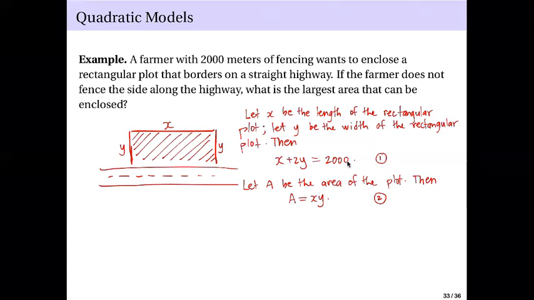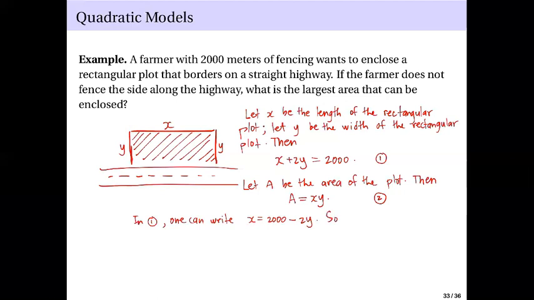So from here, we can easily isolate the x. Okay? So in equation 1, one can write x equals 2,000 minus 2y.